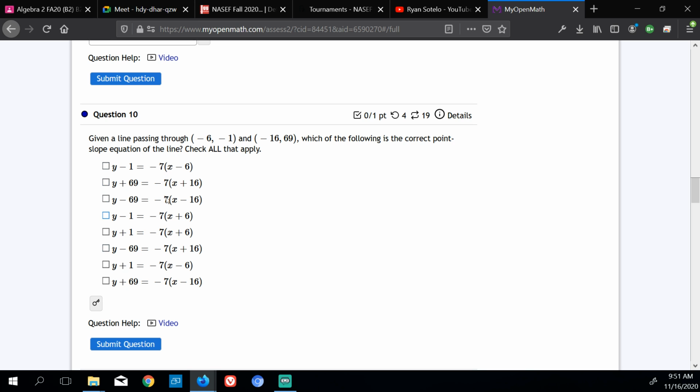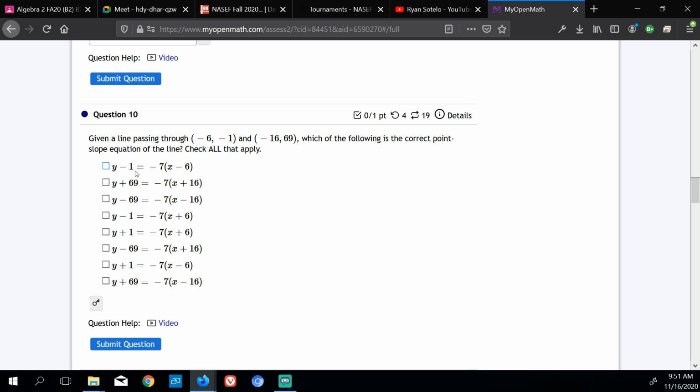The difference is what's added or subtracted to y and what's added or subtracted to x. Now remember, I can say y minus either of these y's and x minus either of these x's. It's just got to be that the x and the y's have to go together.